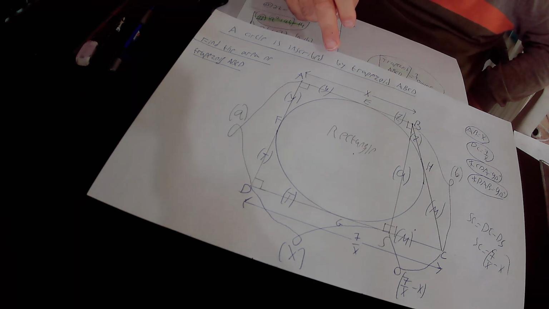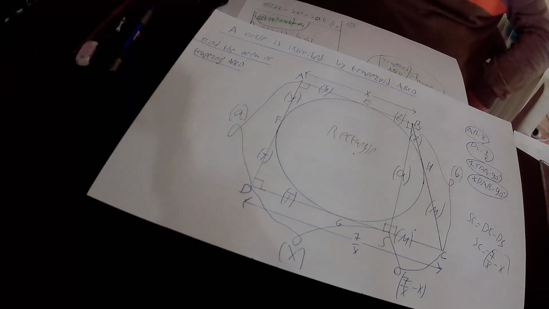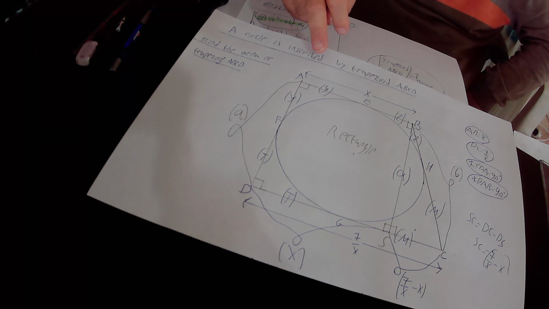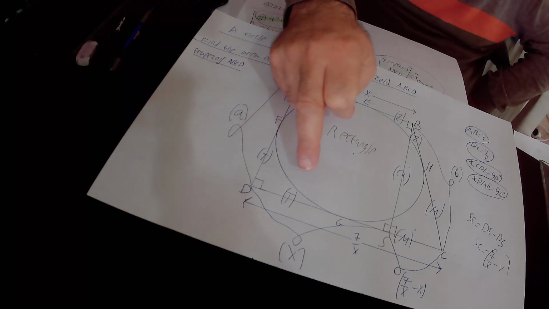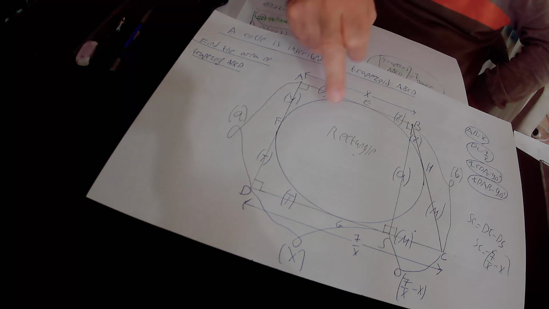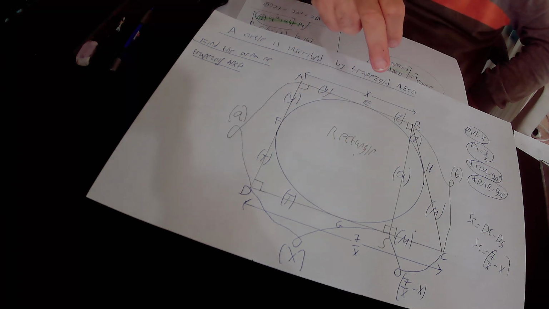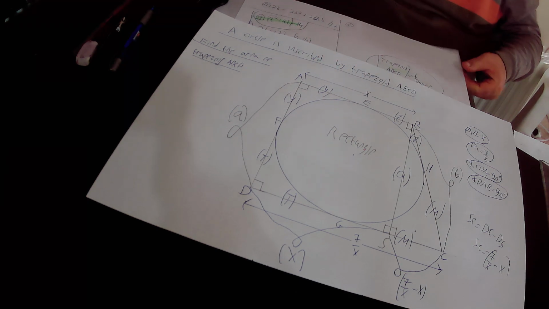So the two sides that are parallel to each other in trapezoid ABCD are AB and DC. So the area of trapezoid ABCD equals the sum of its bases, AB plus DC. AB is x, DC is 7 over x, so the sum of the bases is x plus 7 over x.